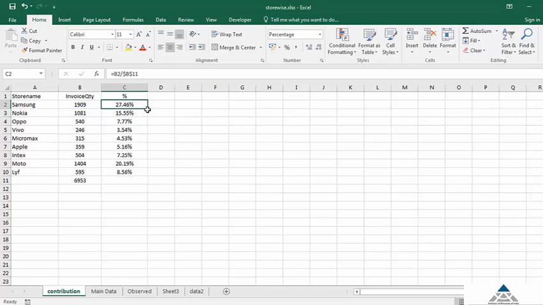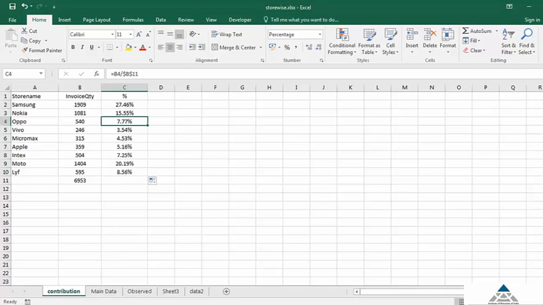Thus, we have the population distribution here. 27.46% of the phones sold are Samsung, 15.55% are Nokia, etc. Now we will take the data of a particular store and check if the sales trend of the store is similar to that of the population or not. We picked up some data from the store randomly to conduct the test.